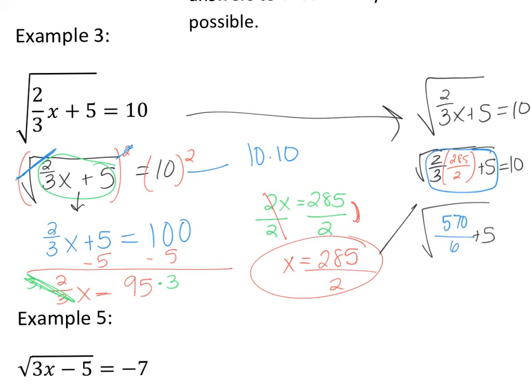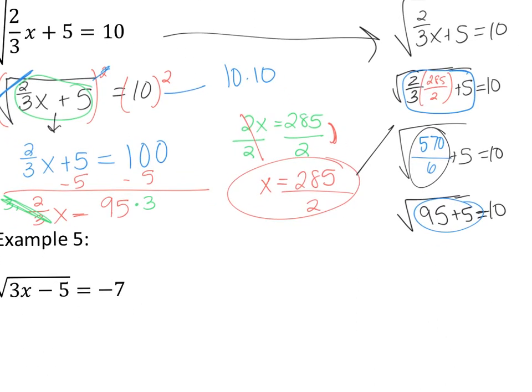Oh, what am I doing? Equals 10. Now, this divides evenly. So 570 divided by 6 is 95. So now we have the square root of 95 plus 5 equals 10. Now we can still do what's under the radical.